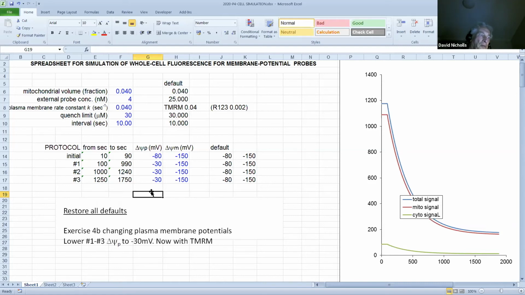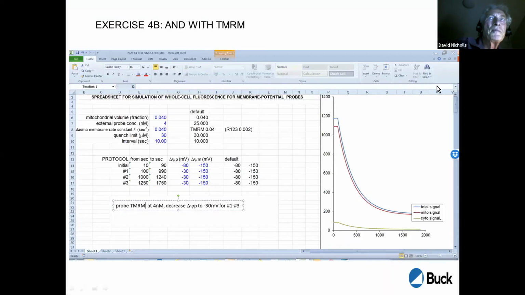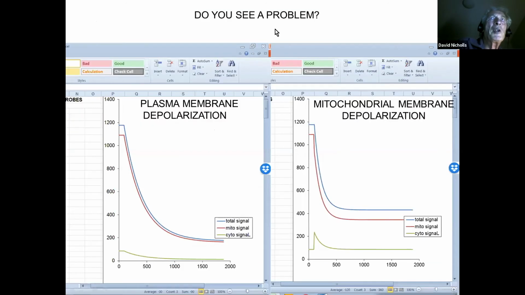And so these bottles of TMRM that are sold at enormous expense as mitochondrial membrane potential indicators are also plasma membrane potential indicators, and this is a distinct problem.